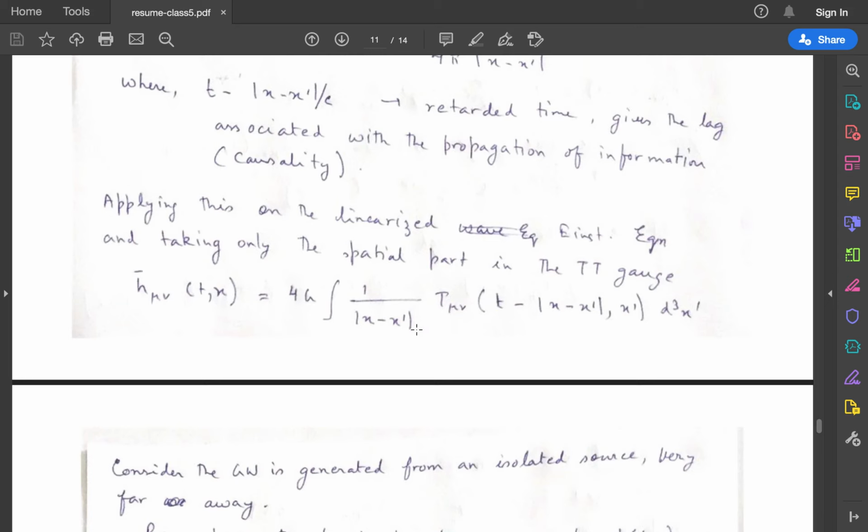The integration of 1 over |x minus x'| times T_μν, the energy-momentum tensor, which is the source here, is integrated over the three spatial dimensions.